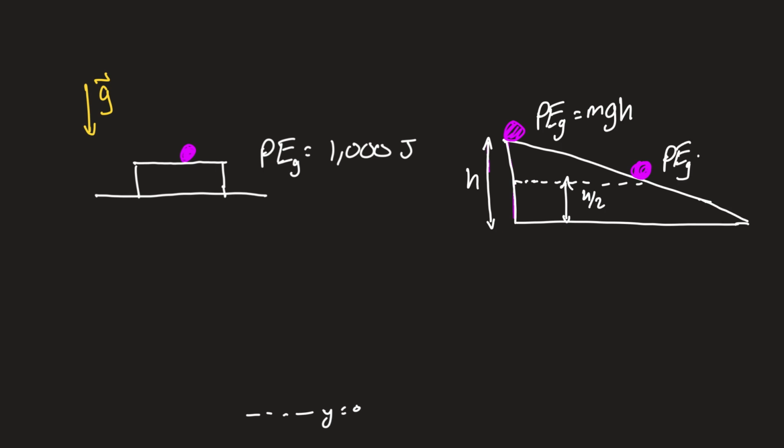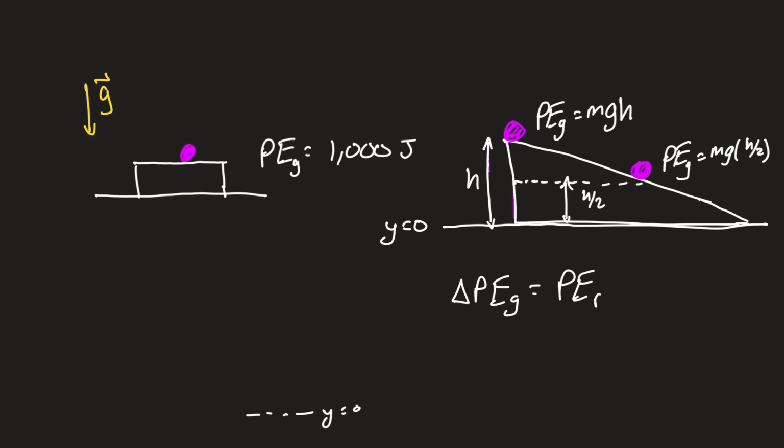The gravitational potential energy now at this point would be mg times its vertical position above the ground, and we're arbitrarily assuming y is equal to 0 there at the ground level, and you'd plug in h over 2 now, if we parameterized everything in terms of h. So there would be half as much gravitational potential energy for the value at that location compared to how we started at the top, and then to find the change in gravitational potential energy, you of course would just subtract final minus initial. Okay, cool.